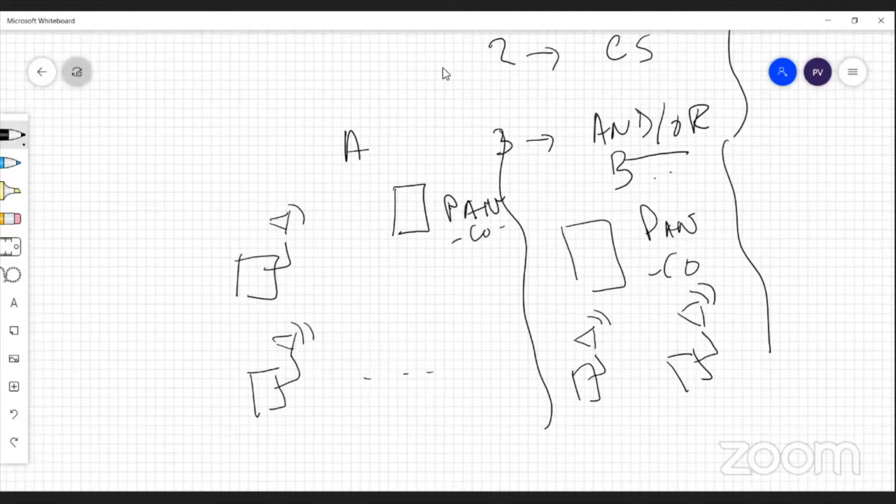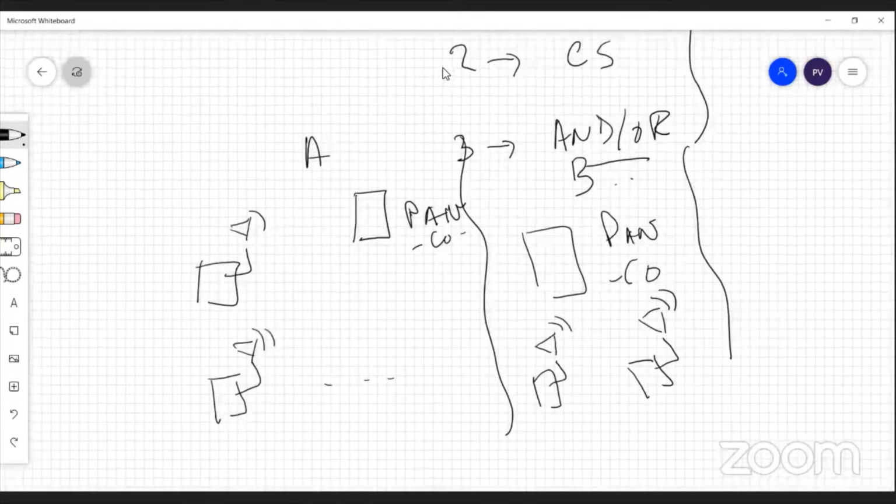Before that, it has to know to which PAN coordinator it has to talk. The PAN coordinator is known to it. Security is all assumed, because it does support encryption using AES, a symmetric key, so I'm assuming it is very secure. The nodes will simply connect to the PAN coordinator and then do the transmission to it. So this is one way of doing it.